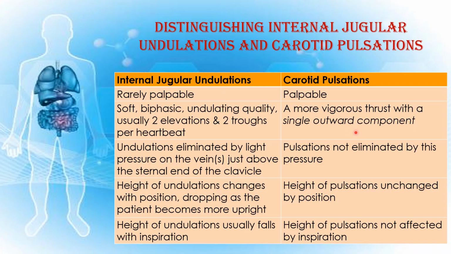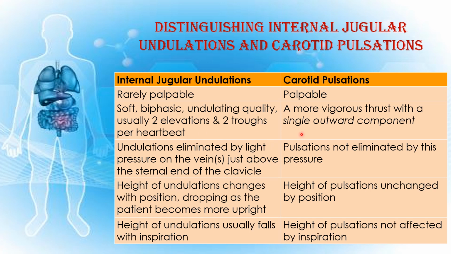To distinguish internal jugular undulations and carotid pulses, we have here this table. The internal jugular undulations are rarely palpable, while the carotid pulsation is palpable. The internal jugular undulations have a soft, biphasic, undulating quality, and usually 2 elevations and 2 troughs per heartbeat.